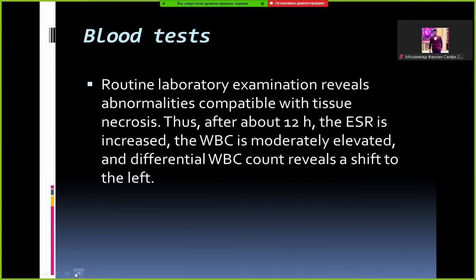Blood tests. So routine laboratory examination reveals abnormalities compatible with tissue necrosis. Thus, after about 12 hours, the erythrocyte sedimentation rate is increased, white blood cell count is moderately elevated, and differential white blood cell count reveals a shift to the left.